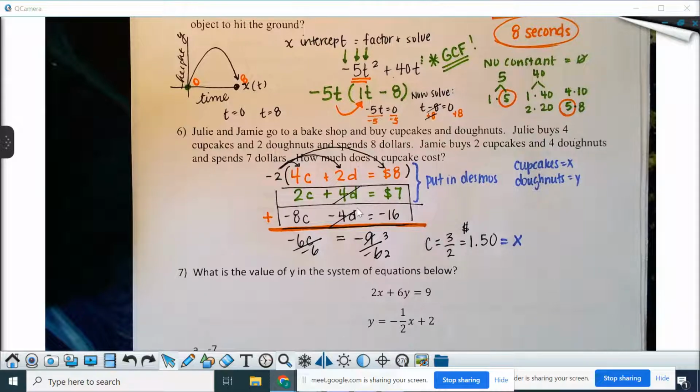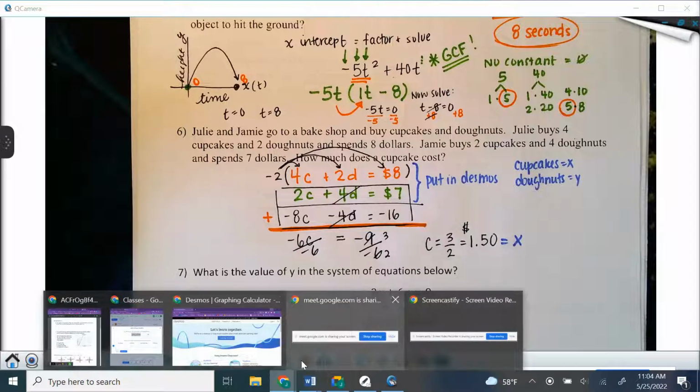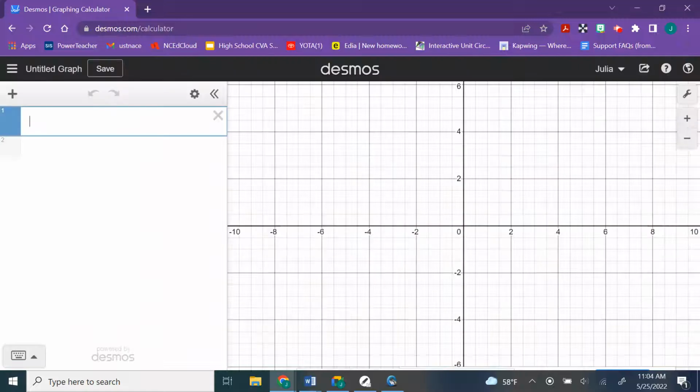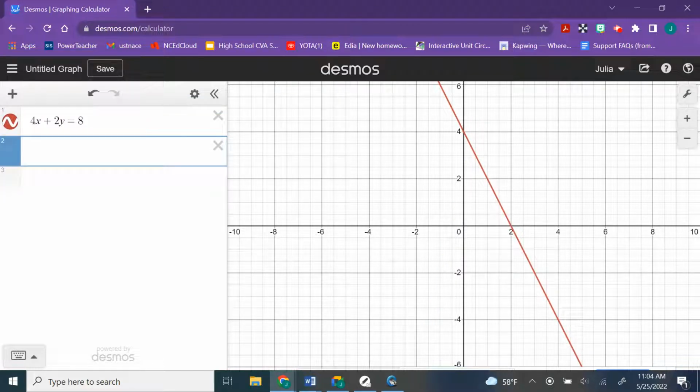So again, if you could set up the equations, you can go to Desmos and type them in, and that's where you would have your 4x plus 2y equals 8, and they can even stay in standard form for that matter. So 2x plus 4y equals 7.